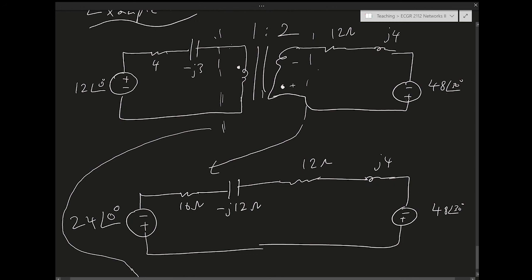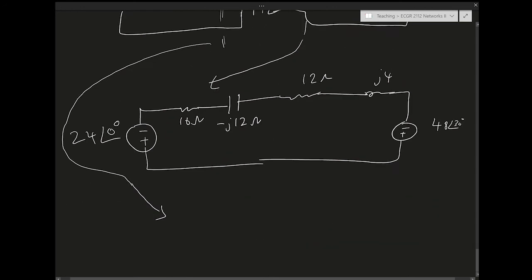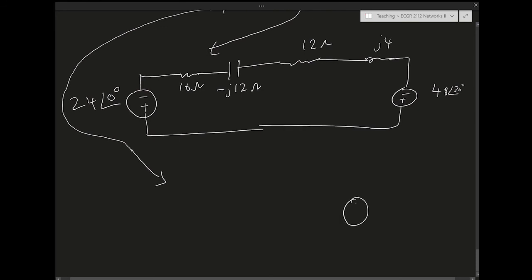Now the voltage gets stepped down, right? It steps down because we're going from the secondary to the primary, so we're going from 2 to 1. So there's a step down in the voltage, and due to this dot convention, the voltage flips. So the Thevenin voltage is going to be 48 divided by 2, which is 24. We step up in one direction, we step down in the other direction.